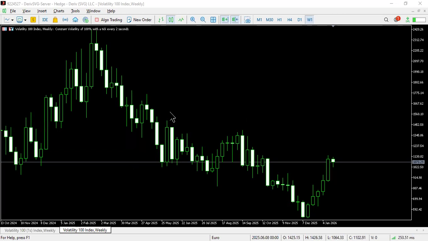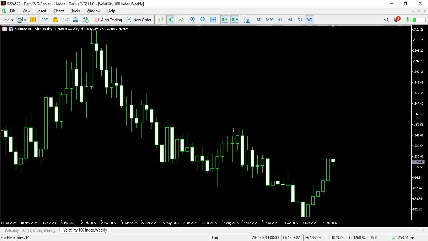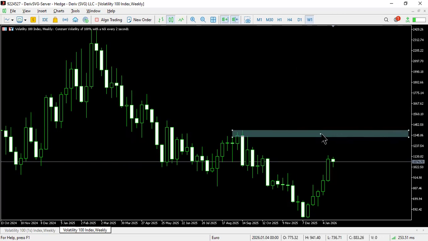Let us begin. We are beginning with VIX 100. So firstly, we start by marking our supply and demand zones. So we have a supply zone right there.